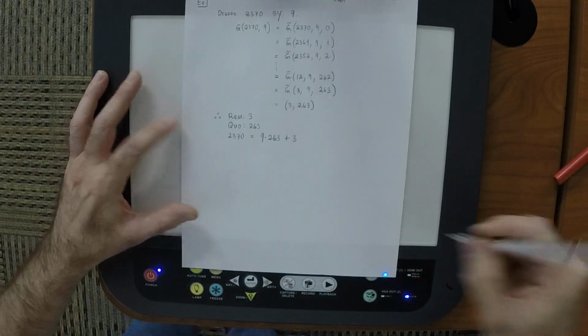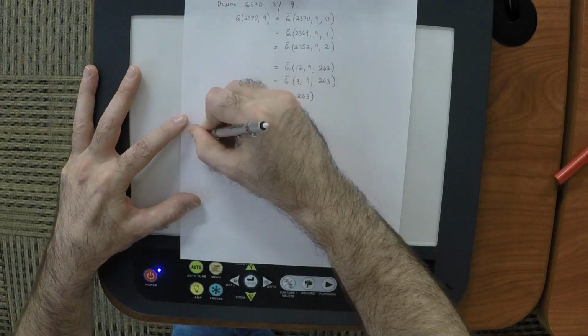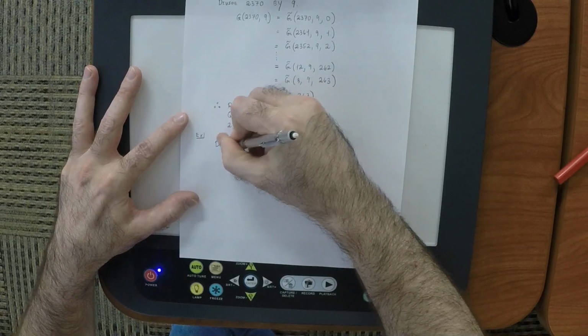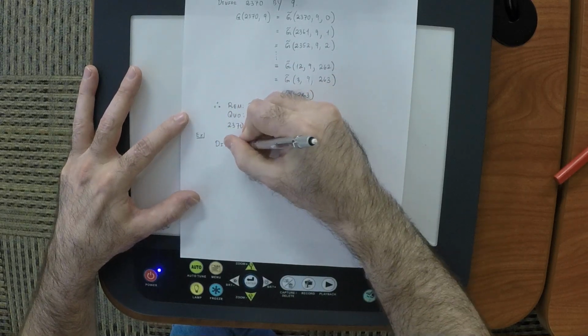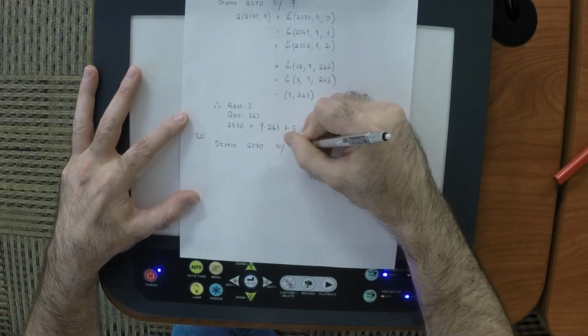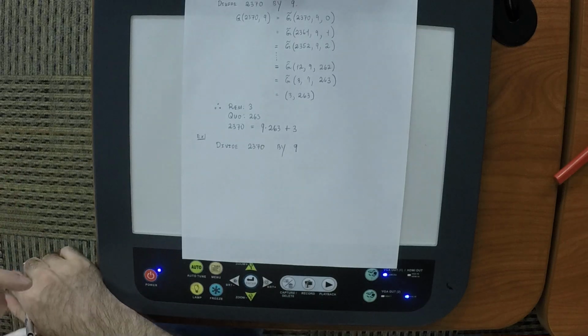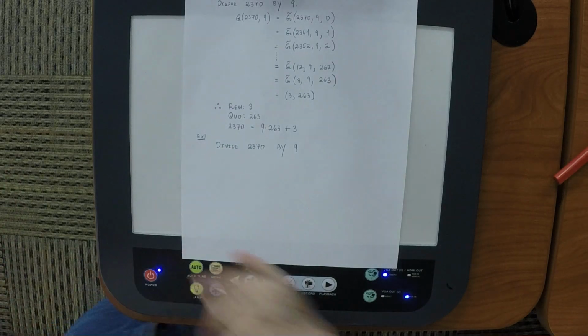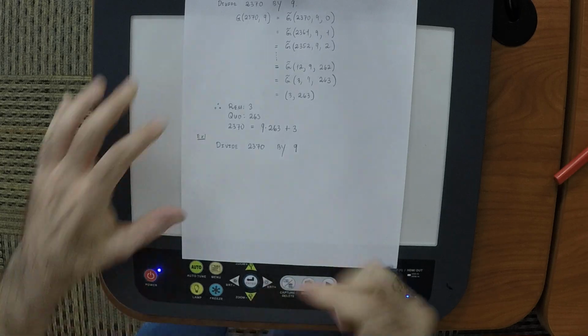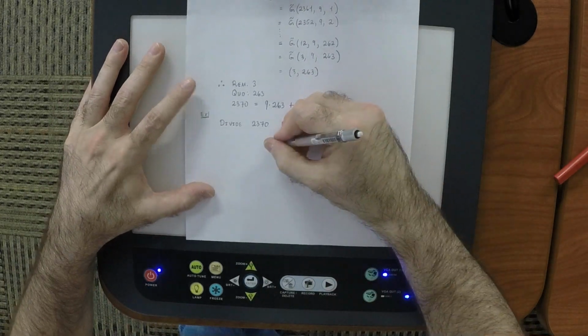Now let's venture back in time, and instead let's divide 2370 by 9, but instead of using G or F, let's do it the way Miss Harris told us to do it in 3rd grade. So you do it like this.